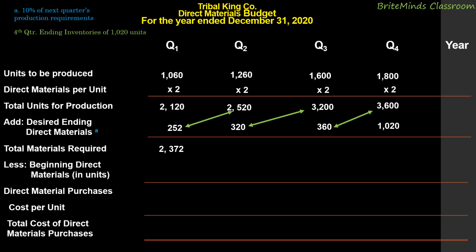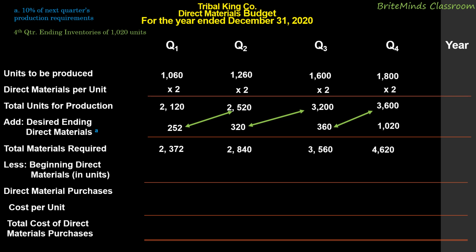Then for the second quarter, we have 2,840. And then for the third quarter, 3,560. And then for the fourth quarter, total units for production, which is 3,600, add the desired ending direct materials of 1,020. So the total materials required for the fourth quarter is 4,620.